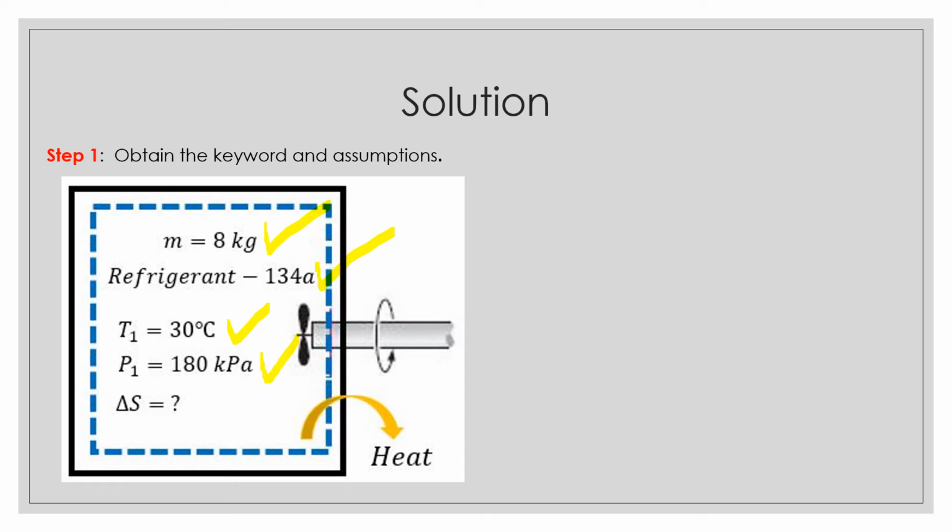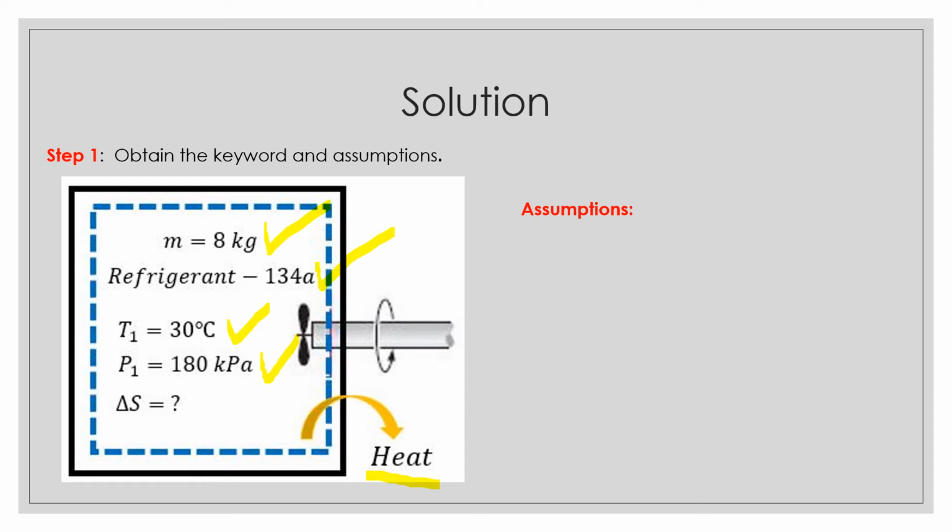We also remark that Q is removed from the system. By having this information, we can conclude that the system is a closed system because there is no information related to mass entering or leaving, or mass flow rate.